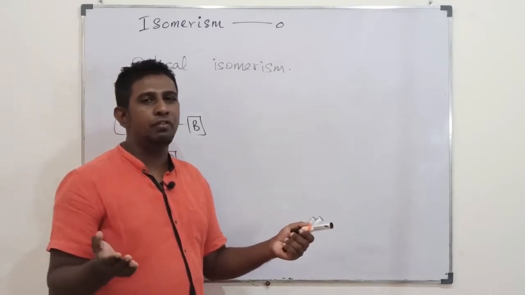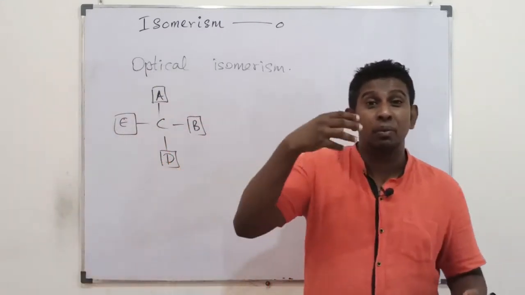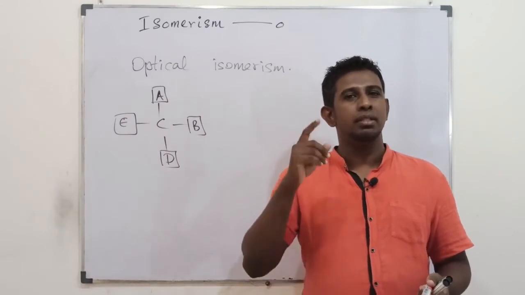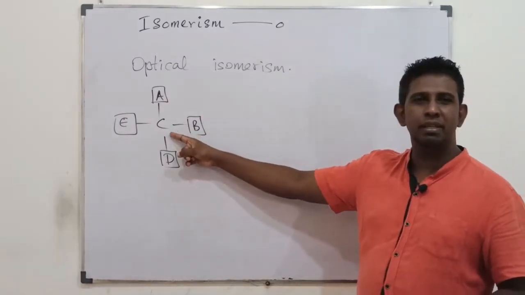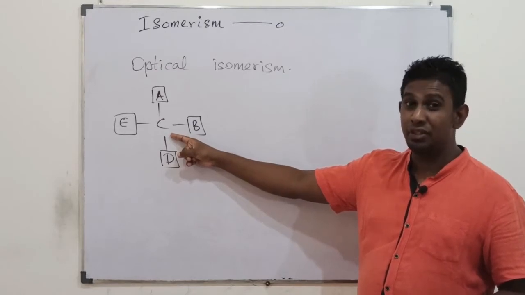When you have 4 different groups around one carbon being bound with single bonds, then the hybridization of this carbon is sp3, as you already know.